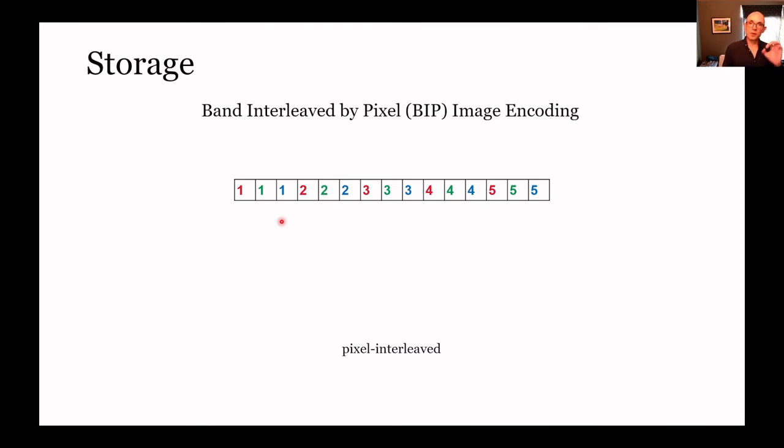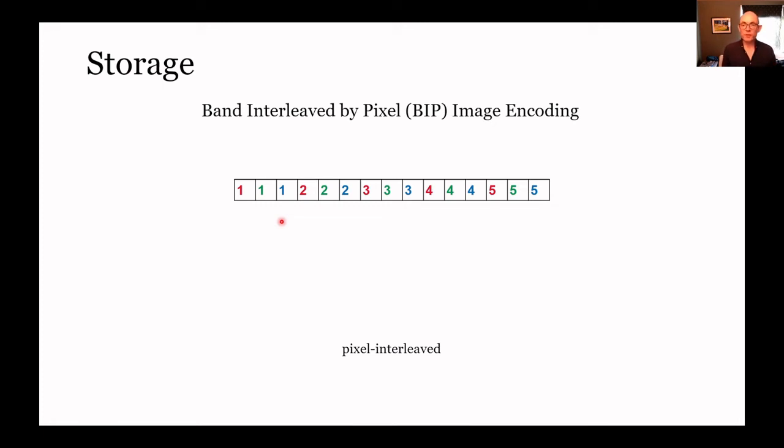We can just do them one at a time, depending on how we're doing that analysis, which we'll come to in a later lecture. We can start at, say, the top left corner, get in all of the band data, all of the colors that exist in that one particular pixel, and analyze those together. Then move on to the next pixel, and do that analysis there. So that's quite good if our data has been stored like this, band interleaved by pixel.